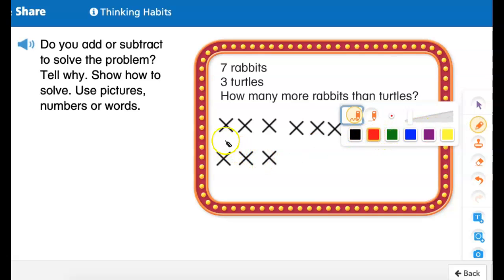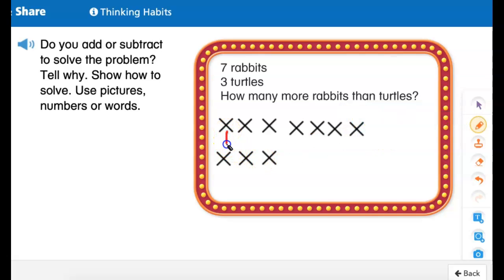When I compare those, just like we did in our last one, they both have 1, they both have 2, they both have 3, and no more turtles, but I still have 1, 2, 3, 4 extras over here.